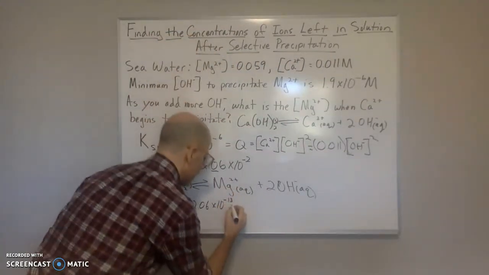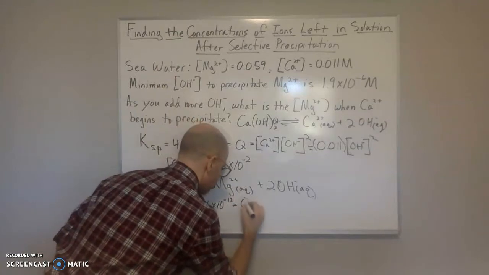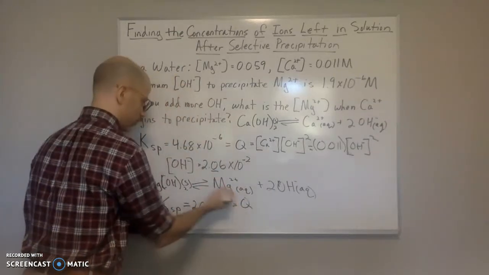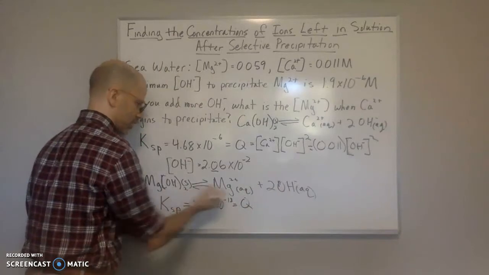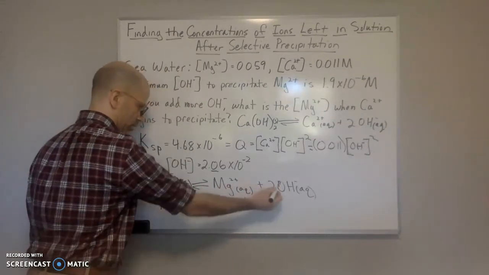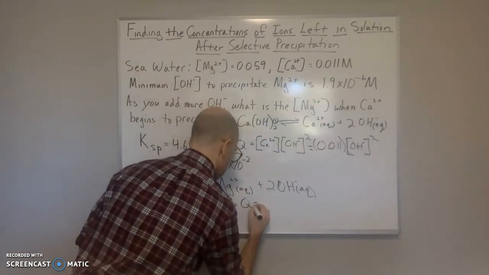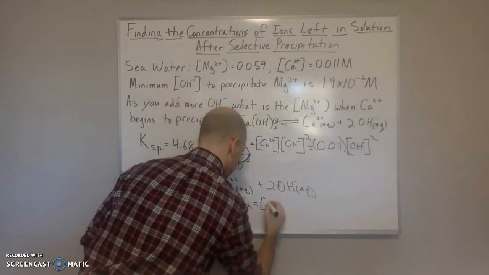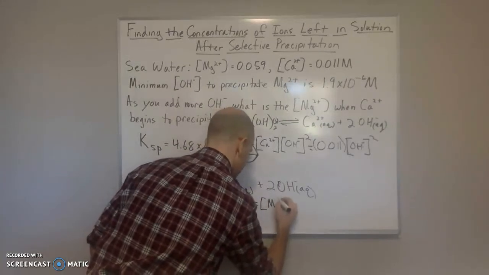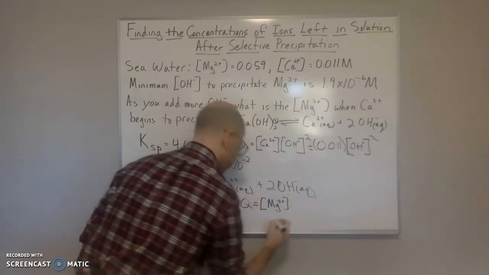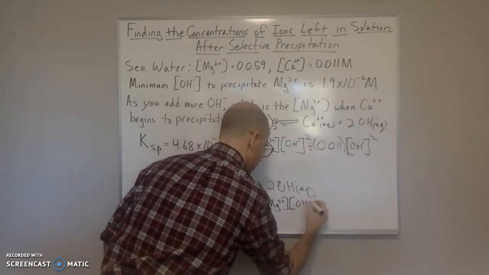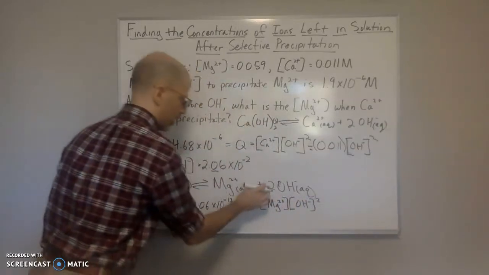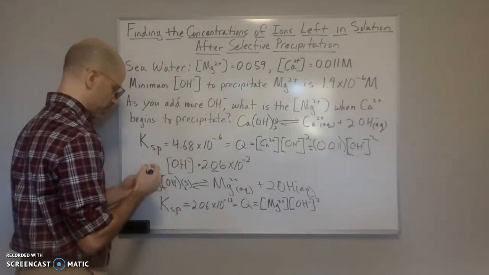And then we're going to set that equal to Q for this equation here for this reaction. And so the Q expression again is going to be the concentration of magnesium multiplied by the concentration of OH minus squared again because of the 2 coefficient.